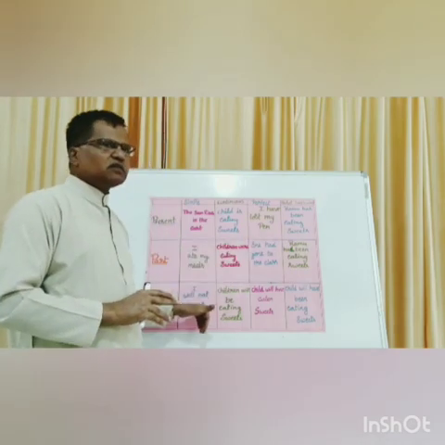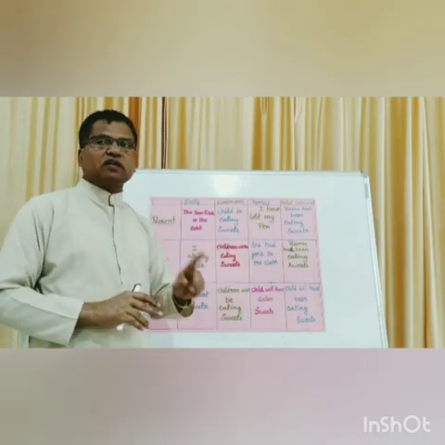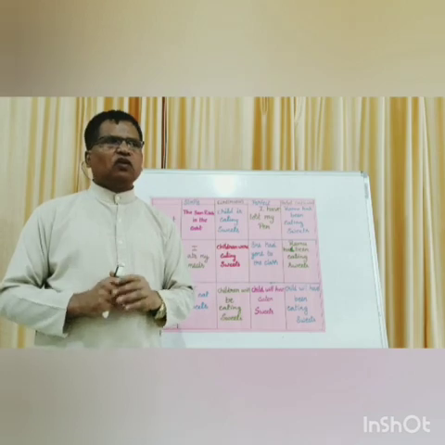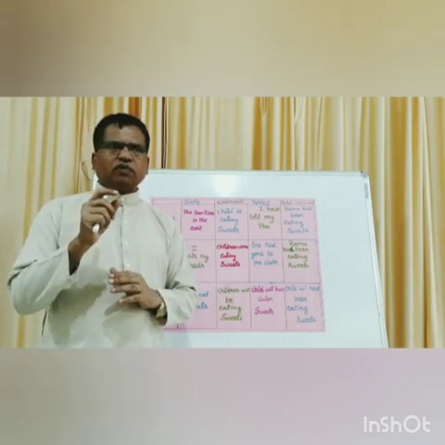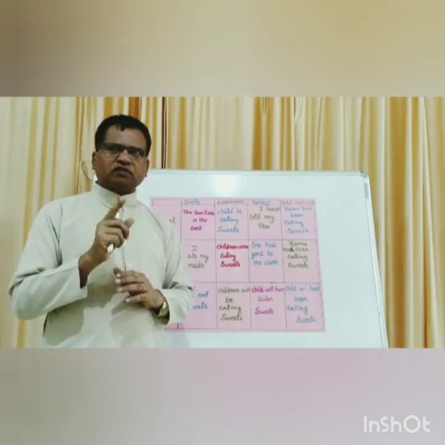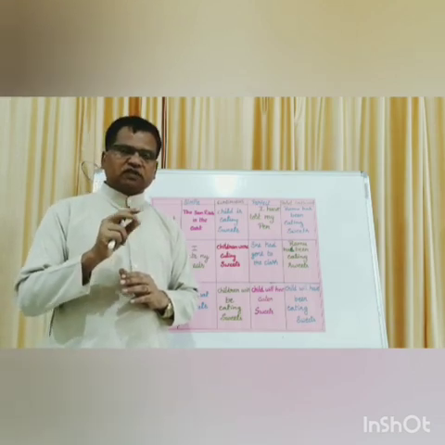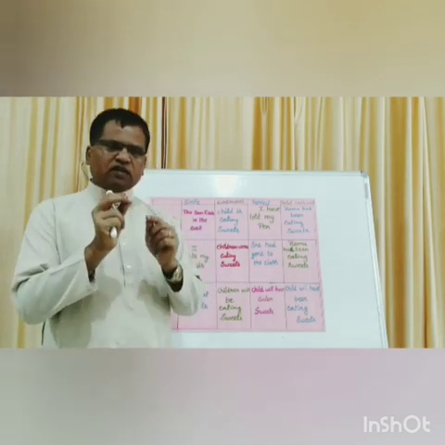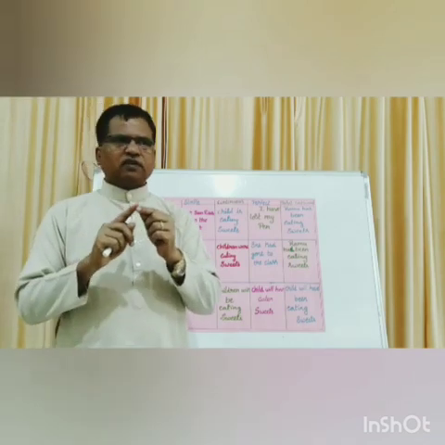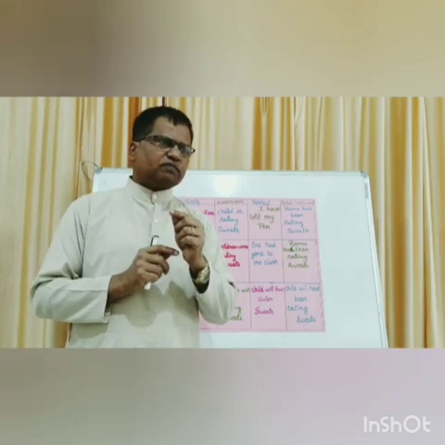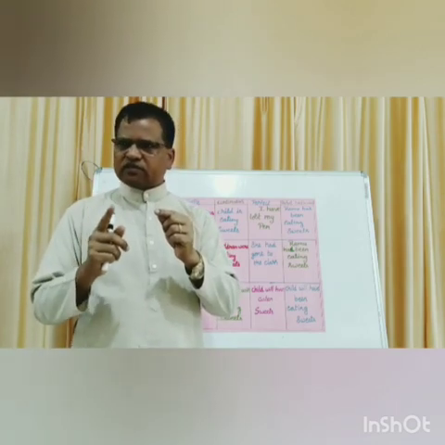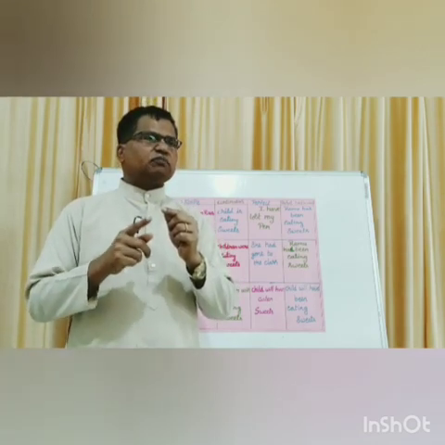All others, that means 10 columns, will carry helping verbs. Also we need to know the present participle. Present participle is the main verb having the ing form. Whenever the main verb has the ing form, it is called present participle. Thinking, jumping: when you say these, it's a present participle.